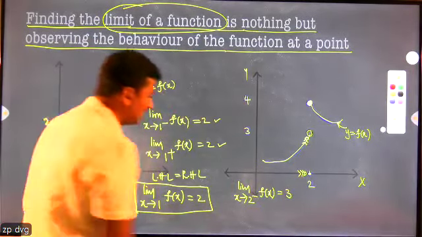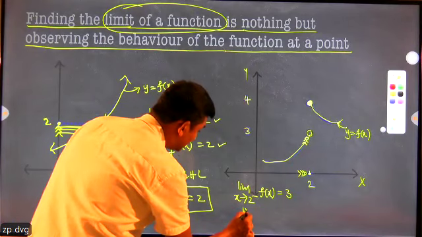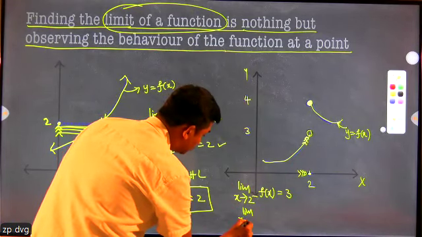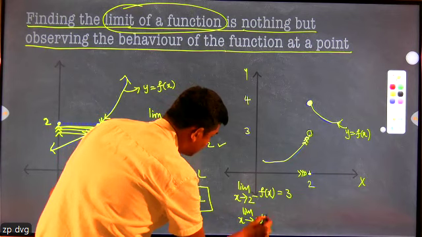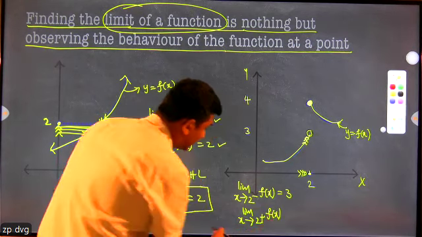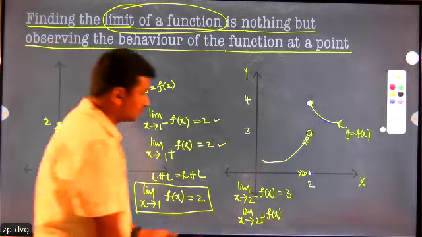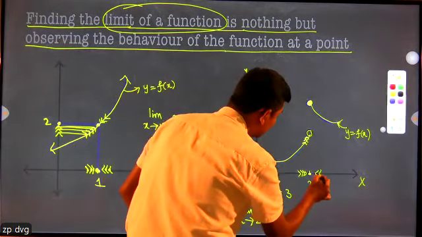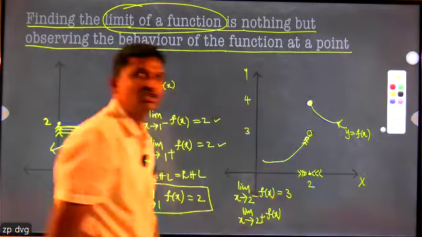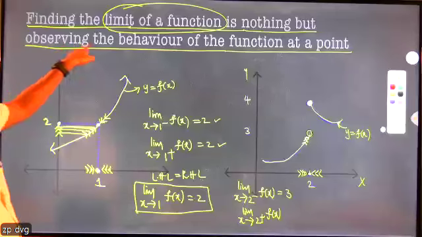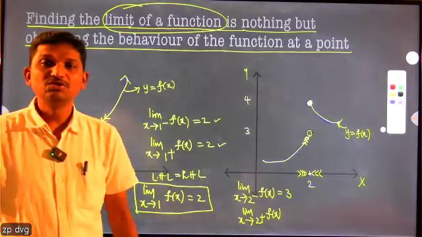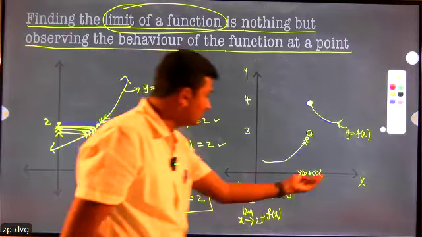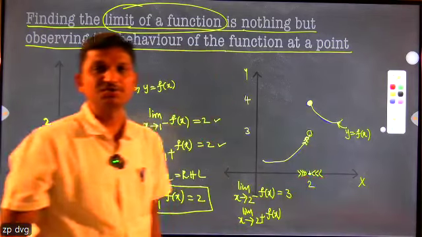Similarly, you calculate the right hand limit. Right hand limit, limit x approaches 2 from right, f of x. Finding the limit of the function is nothing but observing the behavior of the function. You just observe the behavior of the function when x approaches 2 from right, where the function is approaching.